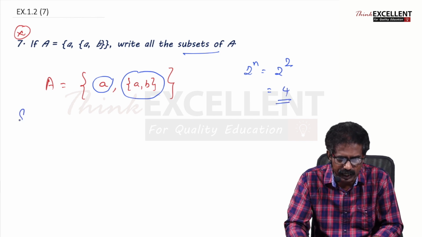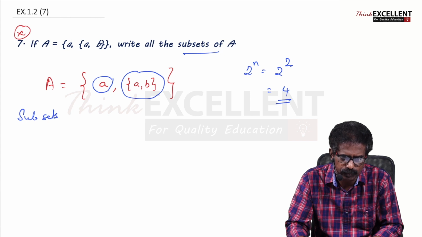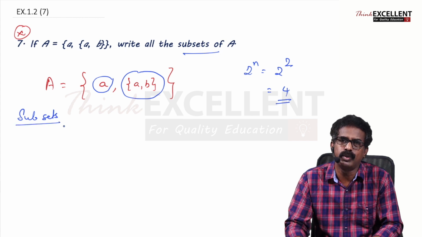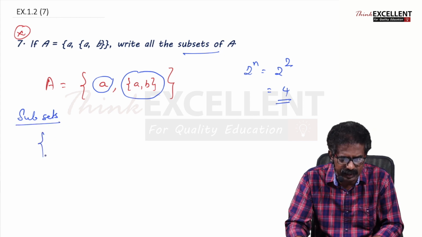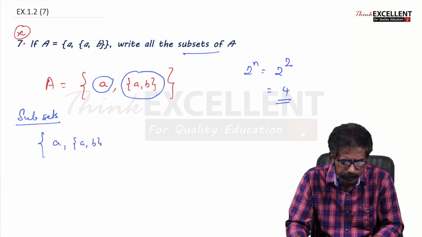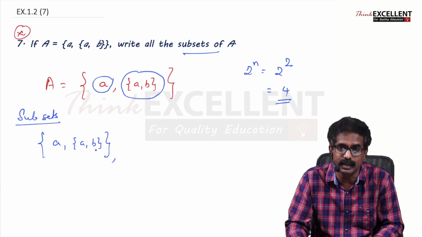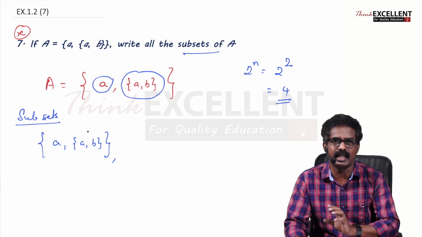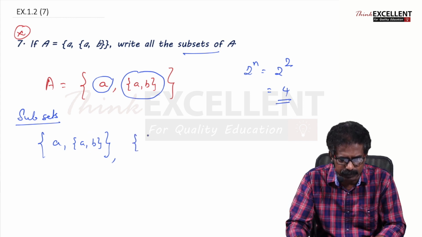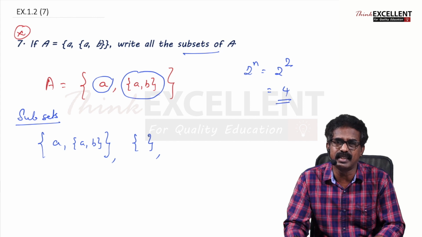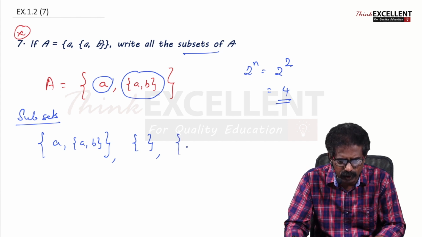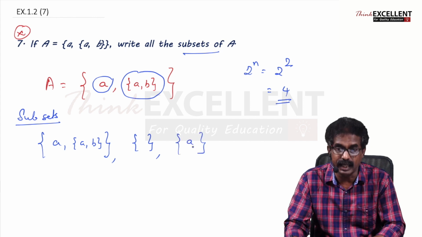So listen how to write it. First you write the set itself, right? Set itself means A, AB. Okay, this is one subset. Set itself, what they have given, write as it is. Second one, empty set. Now singleton set. First element alone, write it as a set.